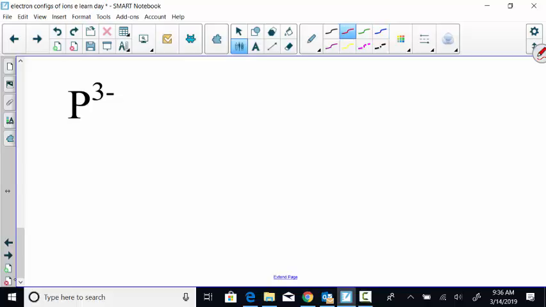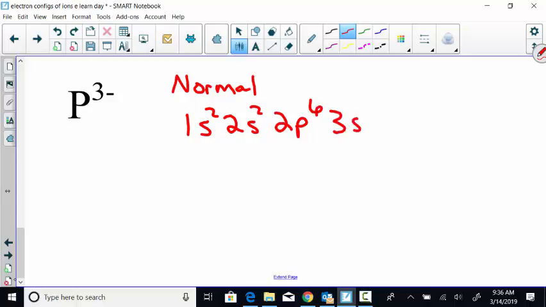So if I get to phosphorus, normal phosphorus is 1s2, 2s2, 2p6, 3s2, 3p3. So phosphorus is short 3 electrons.